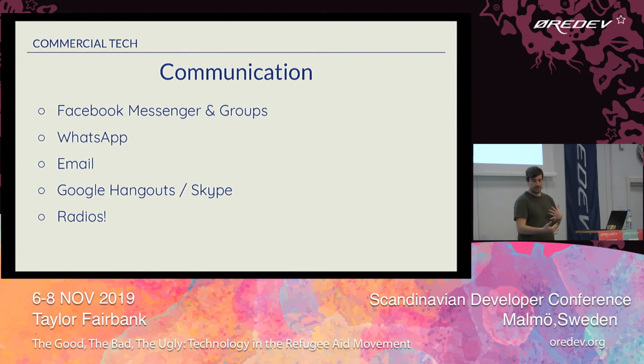Some groups are starting to maybe switch to Signal, at least for coordinators, which is good. But everyone's on WhatsApp and Facebook, so that's what they use. Also do some Google Hangouts and Skype. And again, going back to that low tech but still tech solution is radios. If you're walking around a camp, that is probably your best bet if you need to get in contact with somebody.